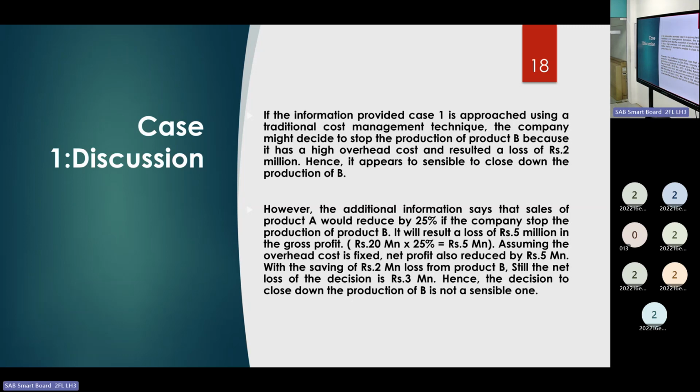However, the additional information says that sales of product A would reduce by 25% if the company stops the production of B. This will result in a loss of 5 million in the gross profit. 20 million gross profit into 25%, 5 million. Assuming overhead cost fixed, the net profit also reduced by 5 million.